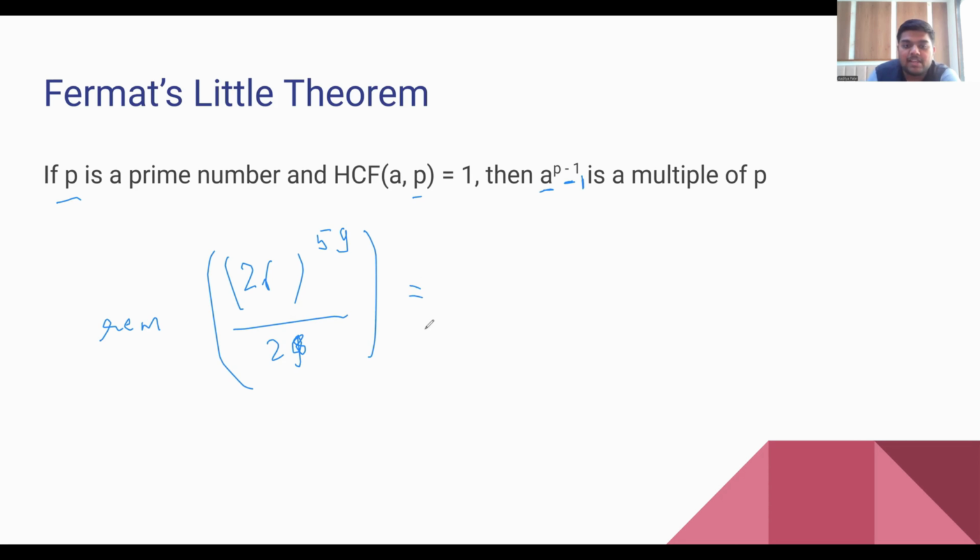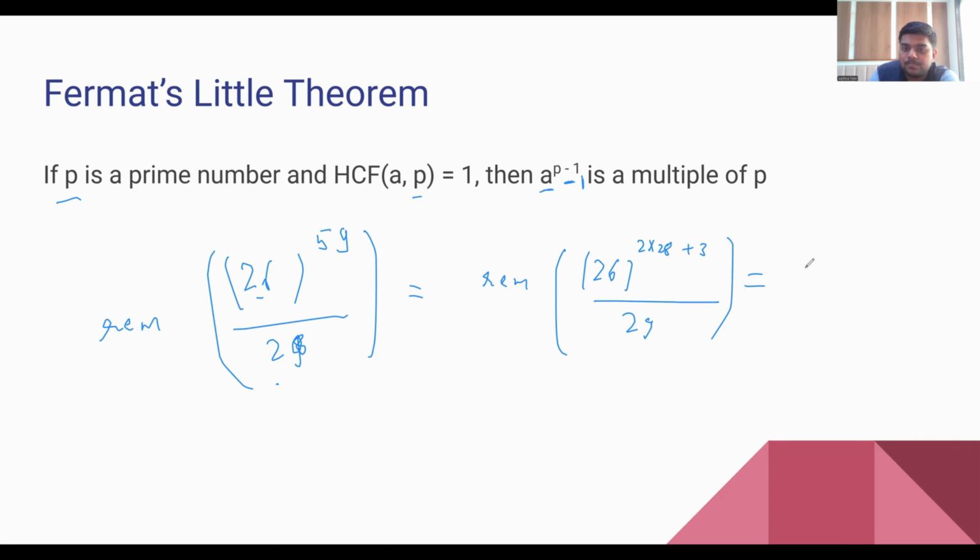So the remainder here will be equal to, 29 is a prime number and its HCF with 26 is also 1. So we can write it as 26 to the power 2 into 28 plus 3 divided by 29.